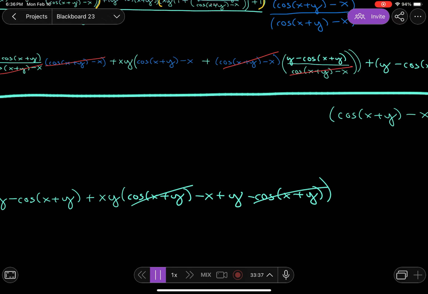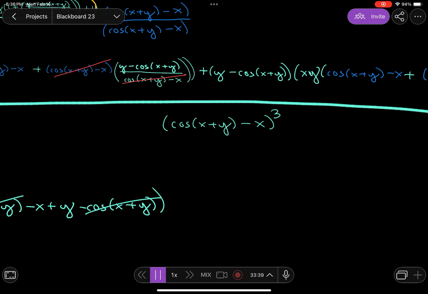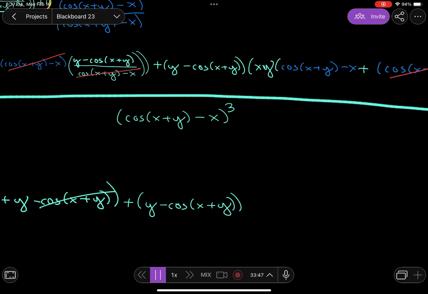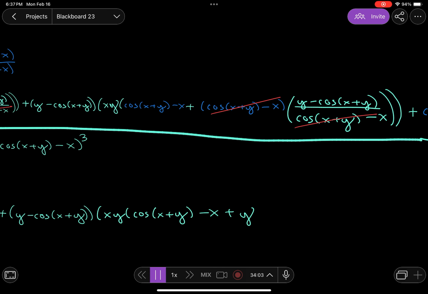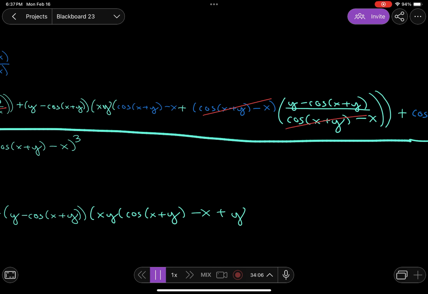Okay. And then I have plus y minus the cosine of x plus y times... All right, this is the part where I keep confusing myself. We got the cosine, x times y, times the cosine of x plus y minus x plus y minus the cosine of x plus y.